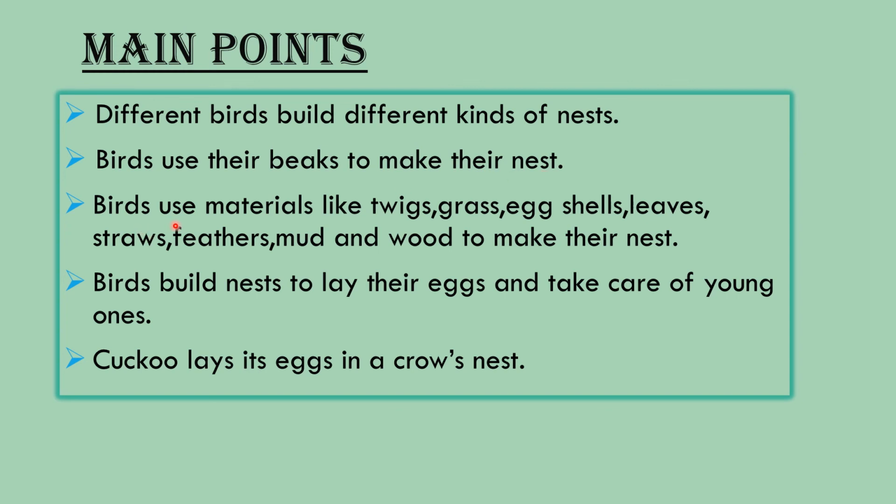Birds use materials like twigs, grass, eggshells, leaves, straws, feathers, mud and wood to make their nest. Birds build nests to lay their eggs and take care of young ones. Cuckoo lays its eggs in a crow's nest. Have you understood, children?